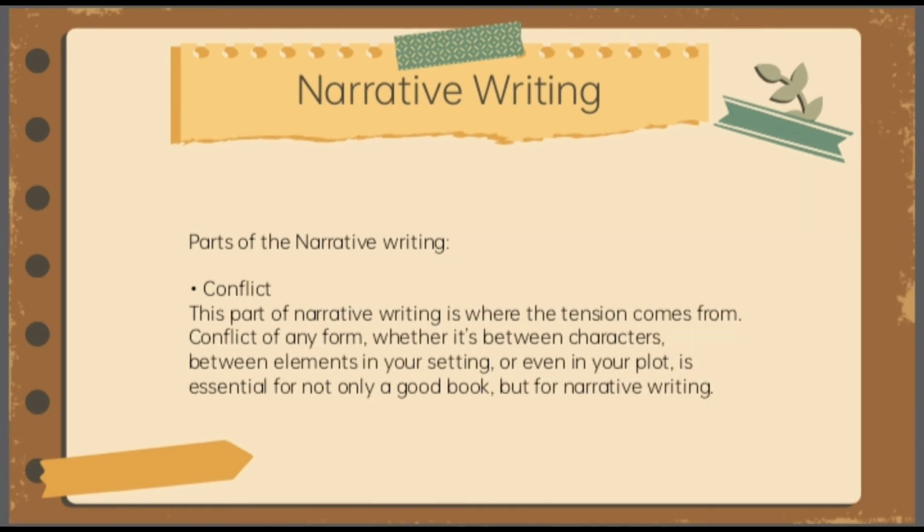So now let us tackle conflict. Conflict is the part of narrative writing where the tension comes from. Conflict in any form, whether between characters, between elements in your setting, or even in your plot, is essential not only for a good book but for narrative writing.